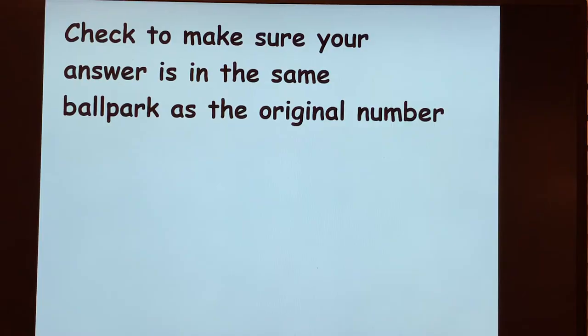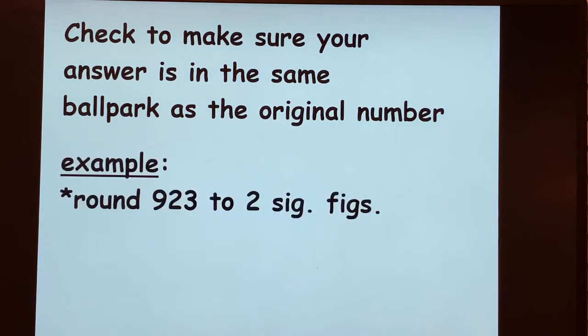So, and then you're going to check to make sure your answer is in the same ballpark as the original number. And I'm going to be reminding you about this little trick in answers. If you don't check to make sure your answer makes sense, then you might need to go back and do some more math. Okay? So here's an example. You're going to round 923 to 2 significant figures.